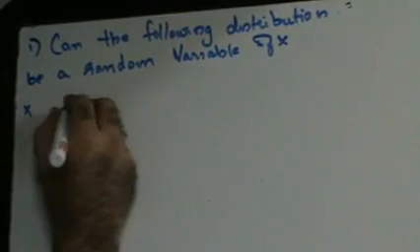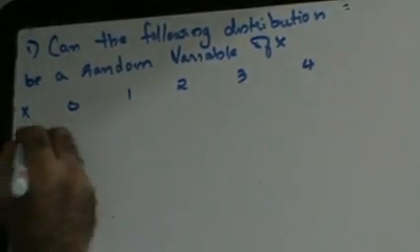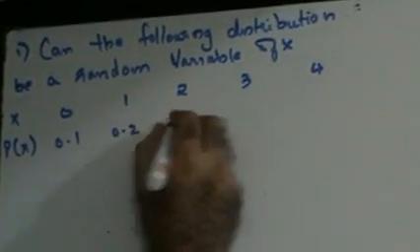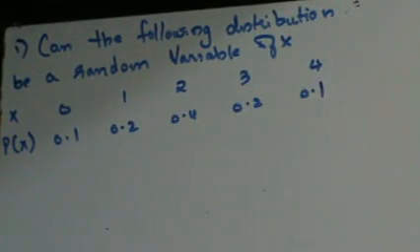They bring you the data 0, 1, 2, 3, 4. Probability of x is given to you as 0.1, 0.2, 0.4, 0.2 and 0.1. Now you have to find out whether it is a random variable of x or not.